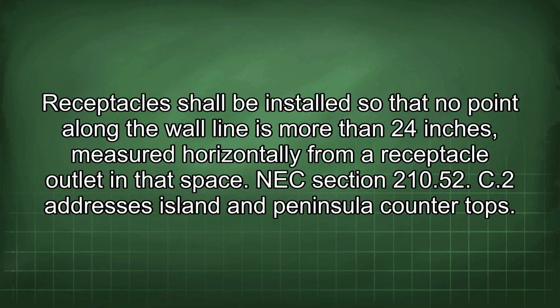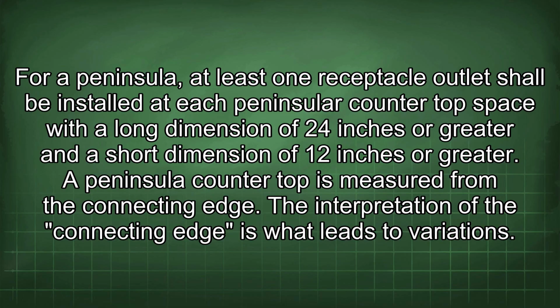NEC Section 210.52(C)(2) addresses island and peninsula countertops. For a peninsula, at least one receptacle outlet shall be installed at each peninsula countertop space with a long dimension of 24 inches or greater and a short dimension of 12 inches or greater. A peninsula countertop is measured from the connecting edge.